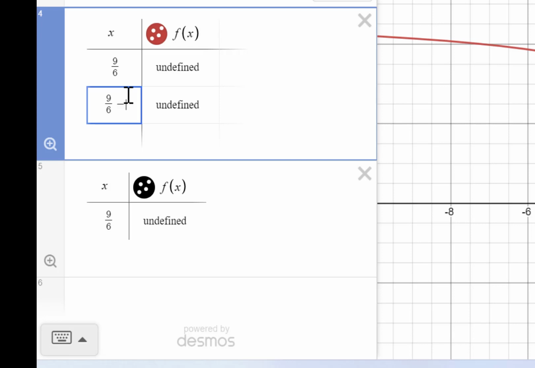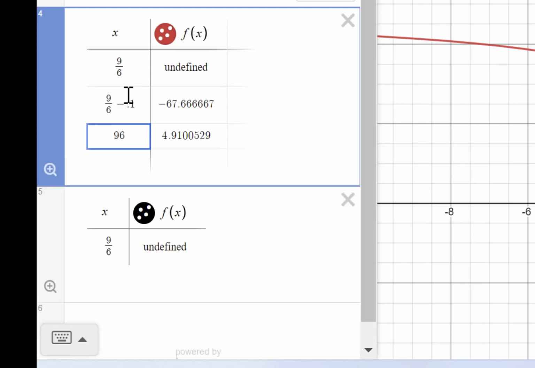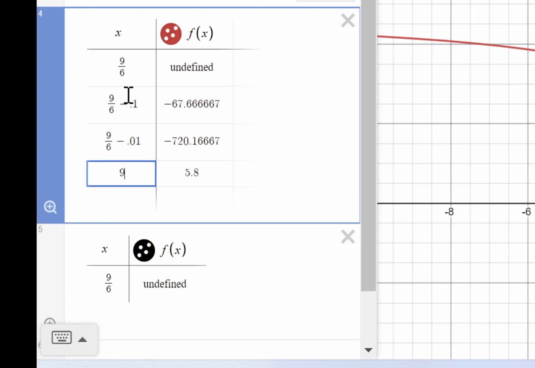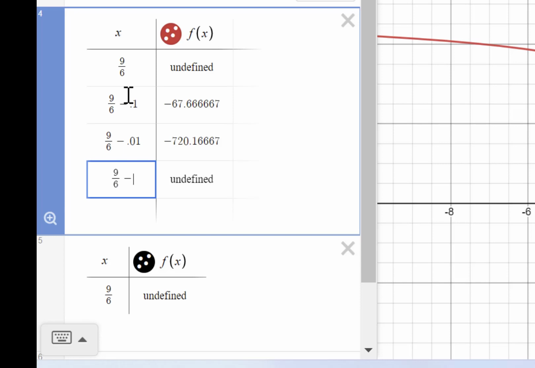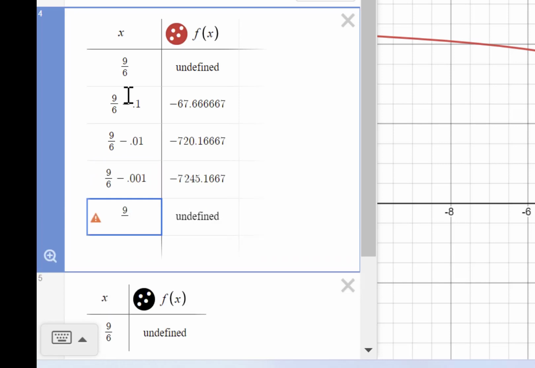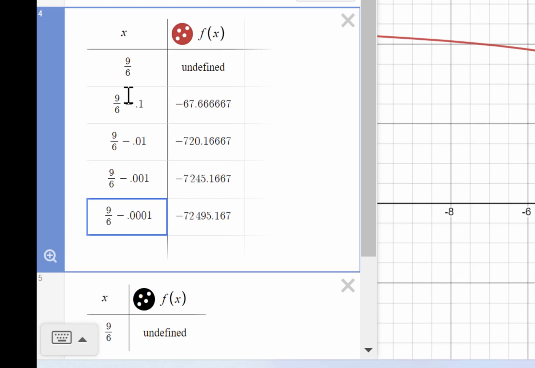So I start at 9/6 and I subtract, for example, 0.1, and start at 9/6 and subtract 0.01, and start at 9/6 and subtract 0.001, etc. You see that I'm sneaking up on x equals 9/6 from the left-hand side. We're getting closer and closer to x equals 9/6 from the left.